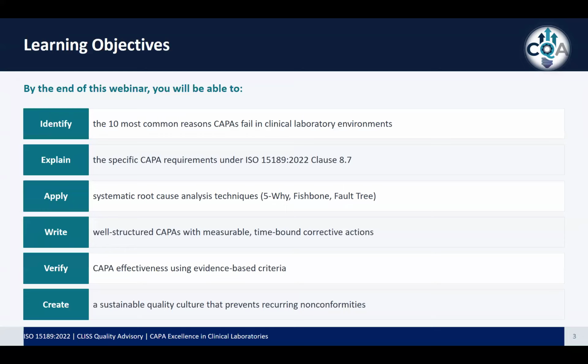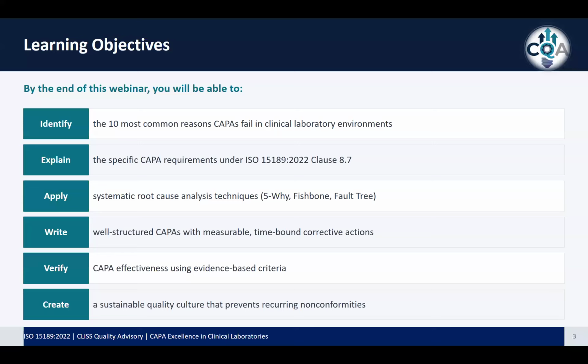And our learning objectives today, we want to help you identify the 10 most common reasons why CAPAs are failing, explain specific CAPA requirements under ISO 15189:2022, clause 8.7, apply systematic root cause analysis techniques, such as the most commonly used, the fishbone or Ishikawa diagram, the 5 Whys and fault tree.